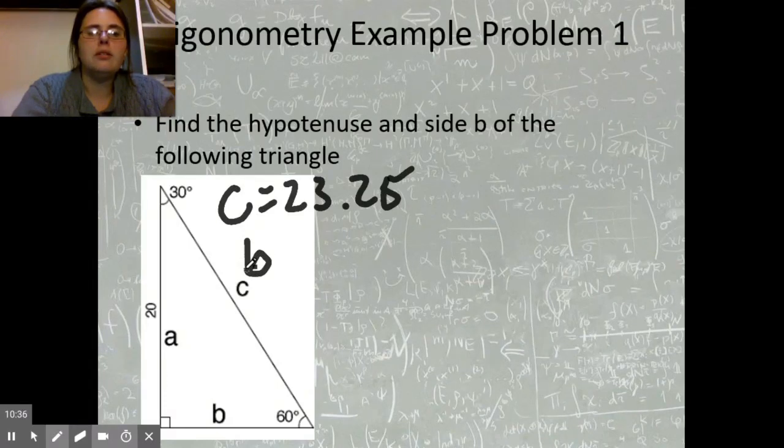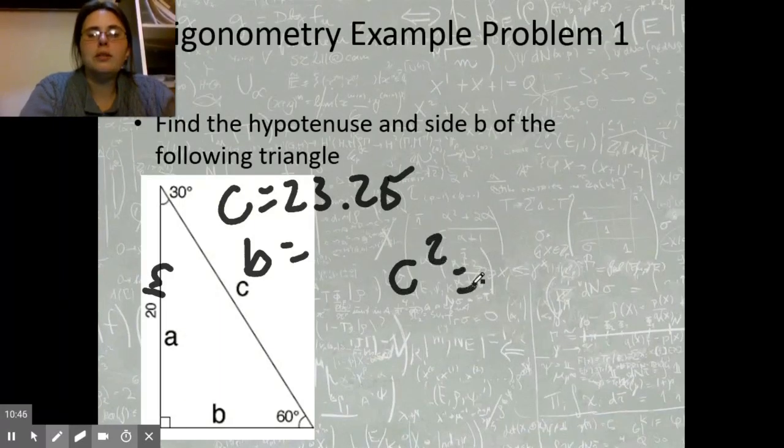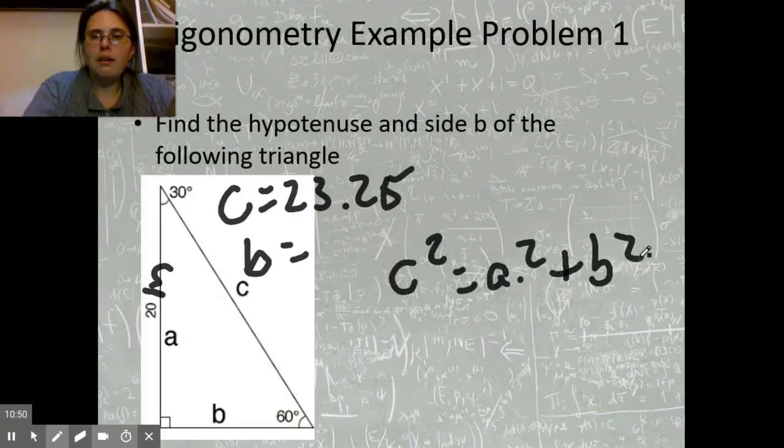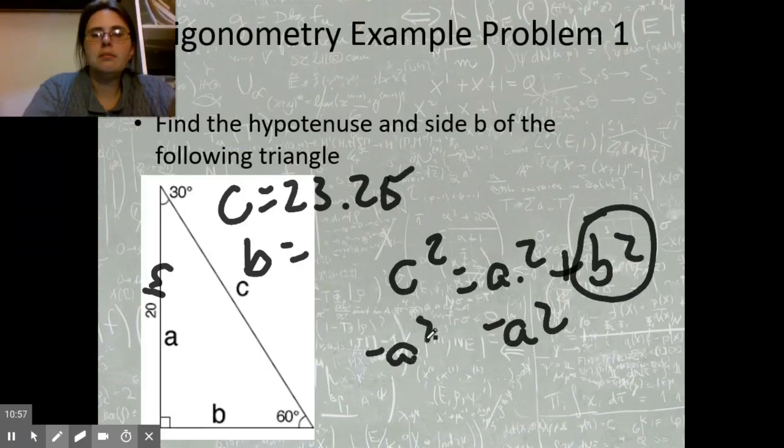But if we said that this was meters, then this would be meters as well. But anyway, so then we can look for B, and we can actually use Pythagorean's theorem to get that. So it's C squared equals A squared plus B squared. We need B squared, so we're going to solve for that one. We can move A squared to the other side. So it's C squared minus A squared is equal to B squared.